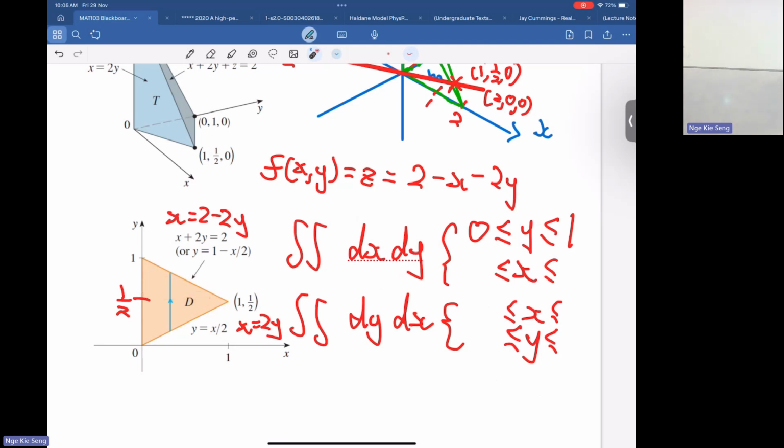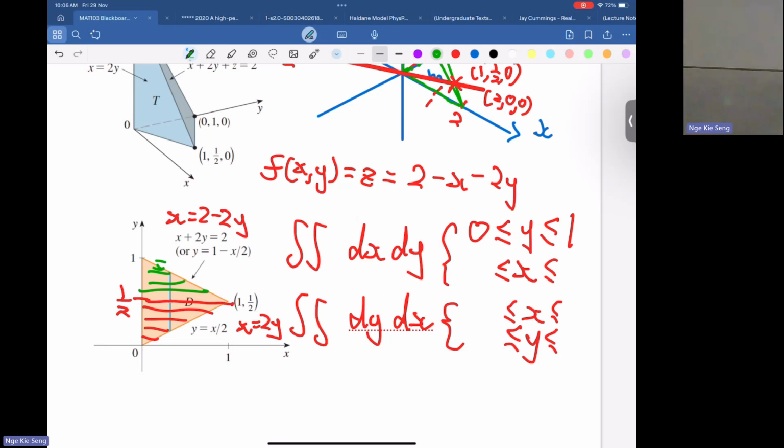Actually, this interval is controlled by two parts. Which side is smaller?